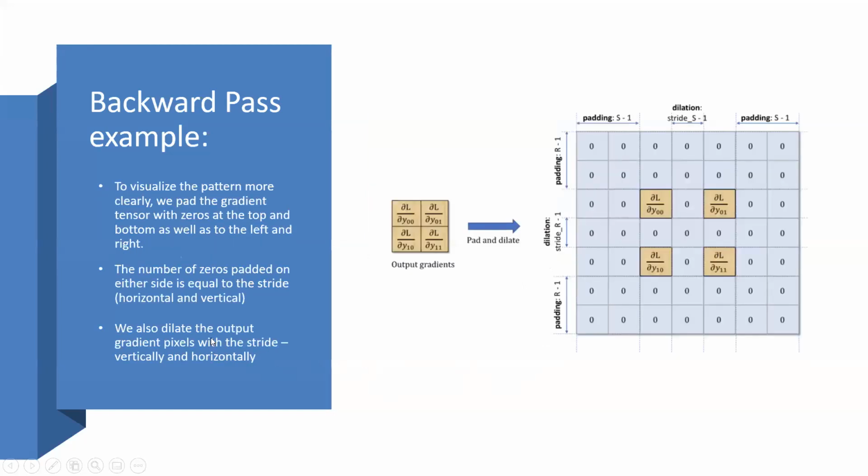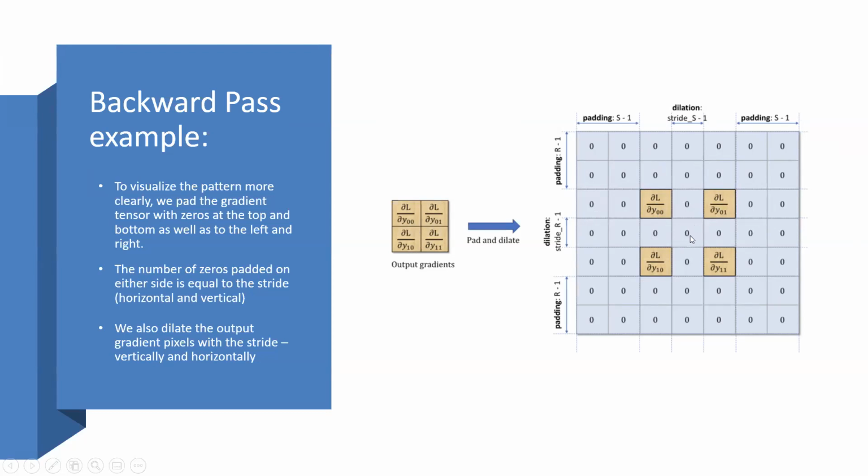But remember, this is our output gradients, and the loss gradient has to be the same size as the input. So we have to upsample the output gradients by padding with zeros, just as Shairi explained, and then we dilate it according to the stride.